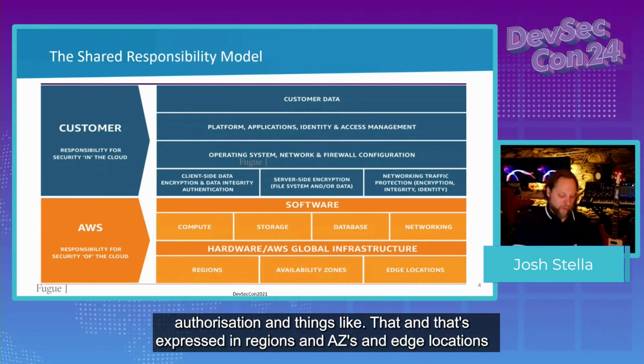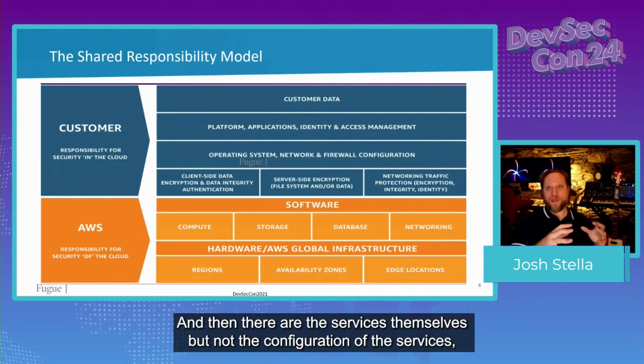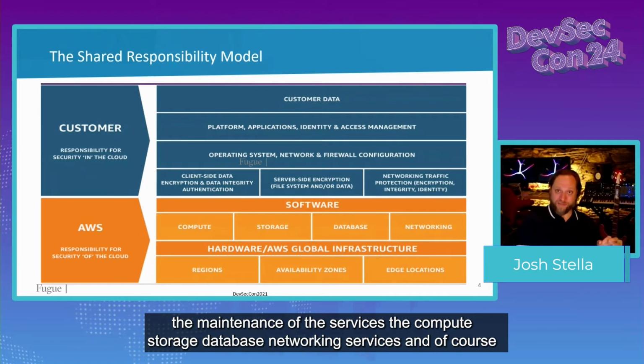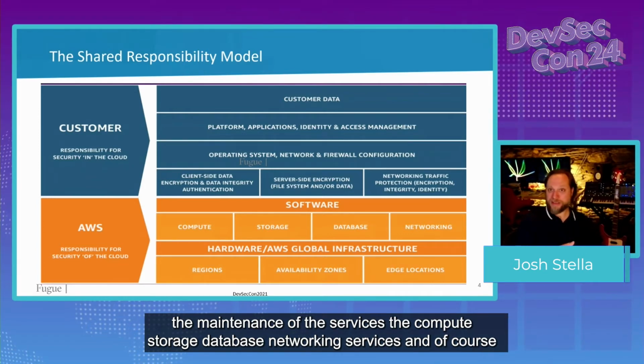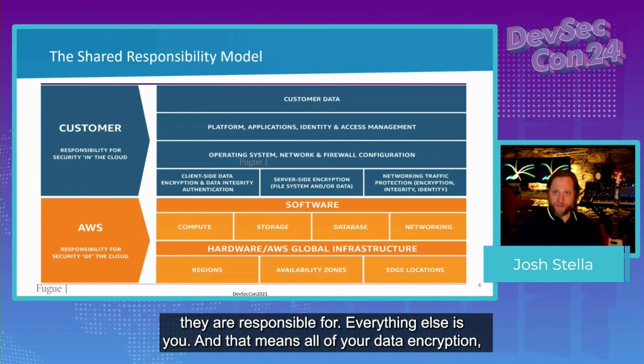And that's expressed in regions and AZs and edge locations. And then there's the network that connects the AWS cloud together. And then there are the services themselves, but not the configuration of the services, the maintenance of the services, the compute, storage, database, networking services. And of course, there's also software that they offer, higher order software. So that's what AWS are saying that they are responsible for. Everything else is you.